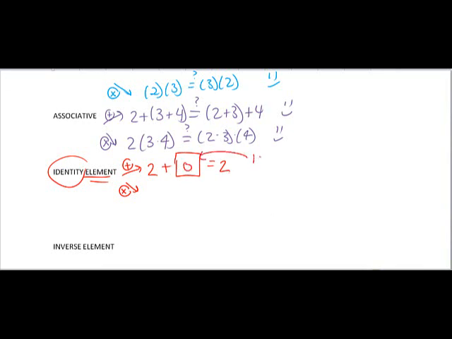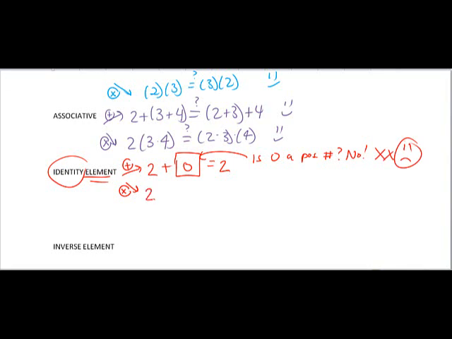So now, is 0 a positive number? That's the question you have to ask yourself. In this case, no, it's not. So X, no, bad. Right there, that knocks it out.